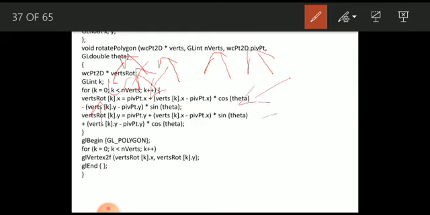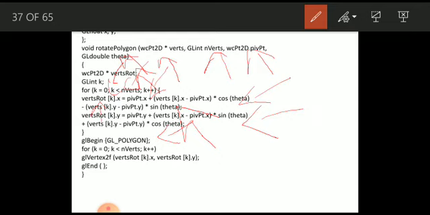Similarly, we can also find out the y dash. y dash is equal to xr plus (x minus xr) into sine theta plus (y minus yr) into cos theta. So the same equation we could transform in the form of a code or the equation. And then once we get the rotated values of a particular point, all that we got to do is draw a polygon, which is accomplished with this particular function, glBegin(GL_POLYGON).